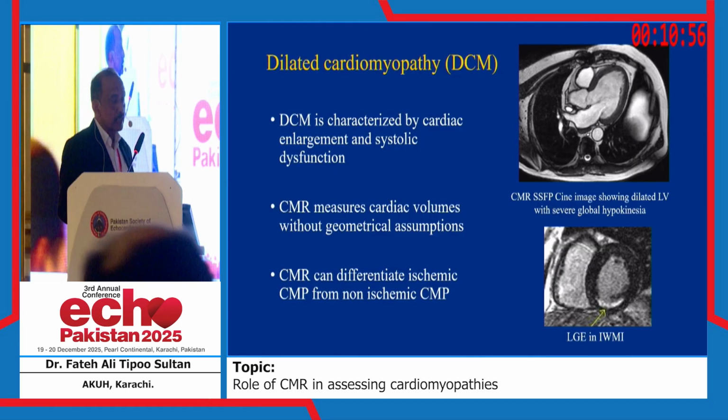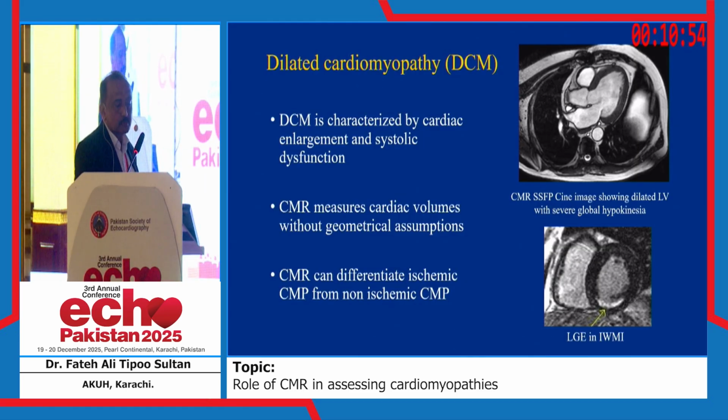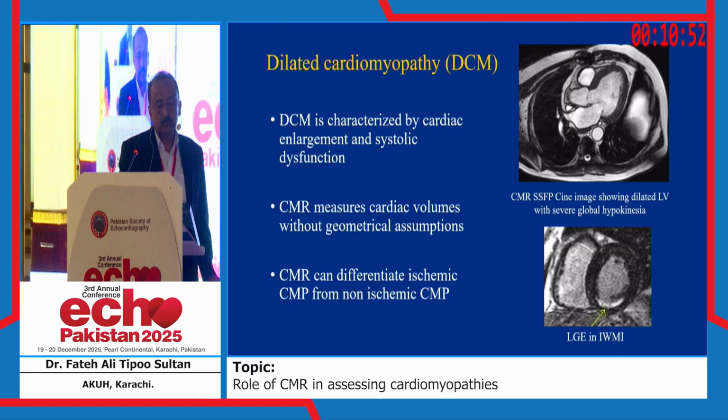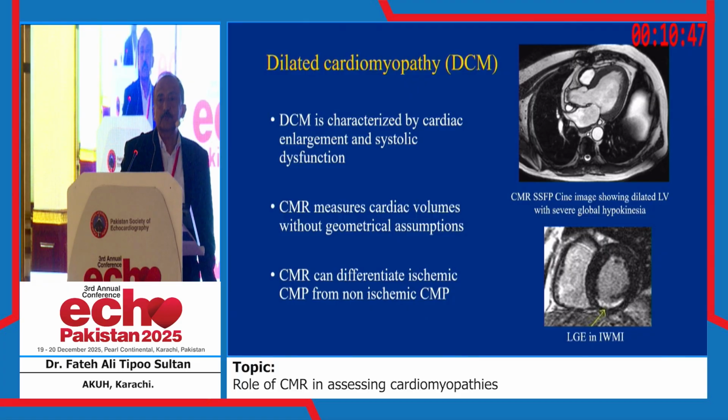So this is dilated cardiomyopathy. It is characterized by enlargement and systolic dysfunction. CMR is the gold standard for calculating the volumes as well as the ejection fractions of both chambers, the LV as well as the RV.